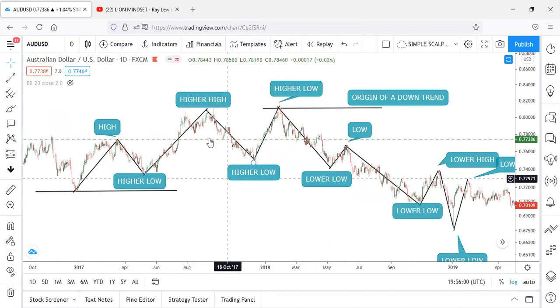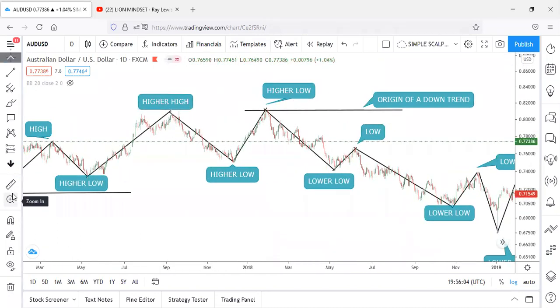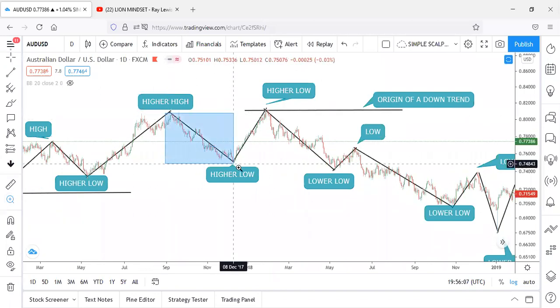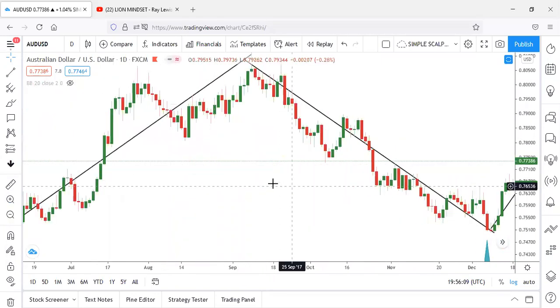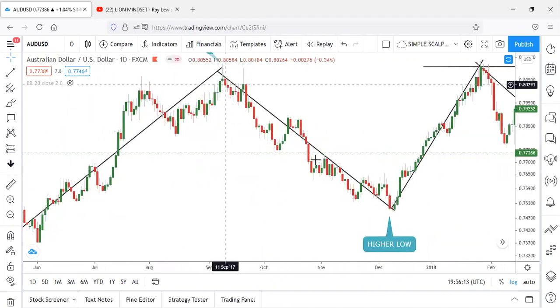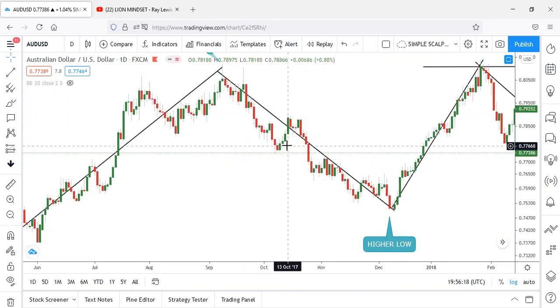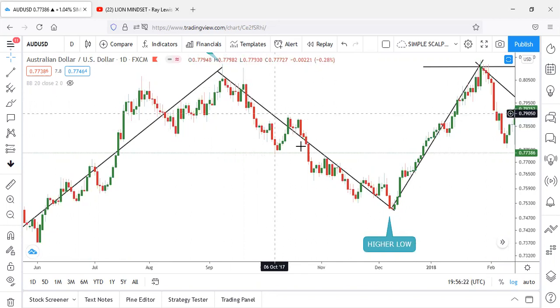So right from this move alone, when you go to a lower time frame, this one alone, you will see several higher highs and higher lows on this move.